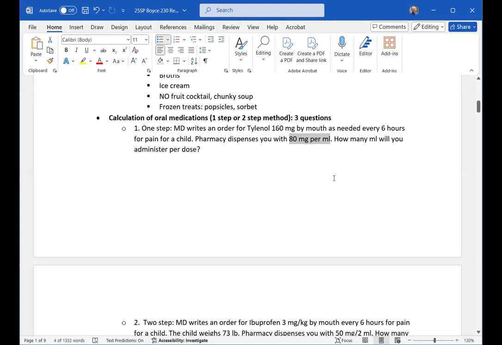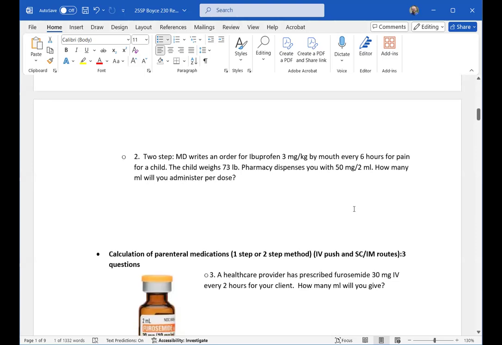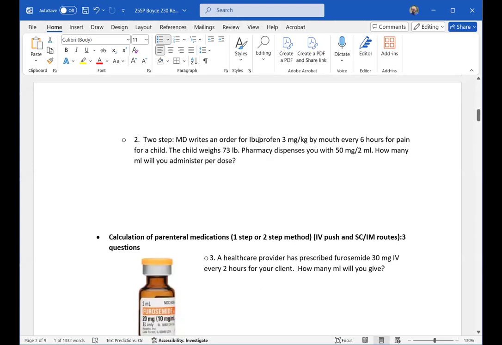Anything that has a volume associated with it is going to be a liquid dose. So even though you're likely to see questions that just say how much of this medication will you administer, and it won't tell you specifically milliliters, that's your clue, and you know that you're going to be looking for milliliters.